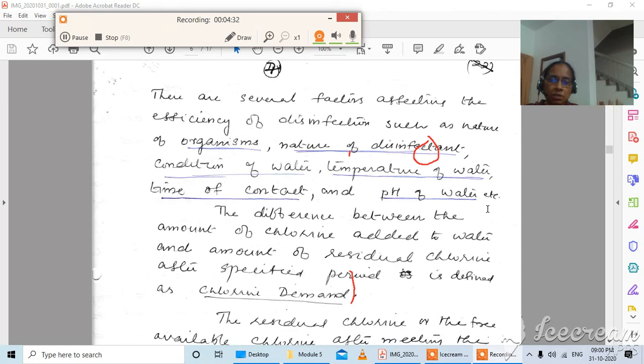So if it is chlorine, the nature of disinfectant won't vary. But if we are using chlorine compounds, then its nature is varying. And what is the other thing? It is the nature of organisms. That means the microorganisms which are present in water.